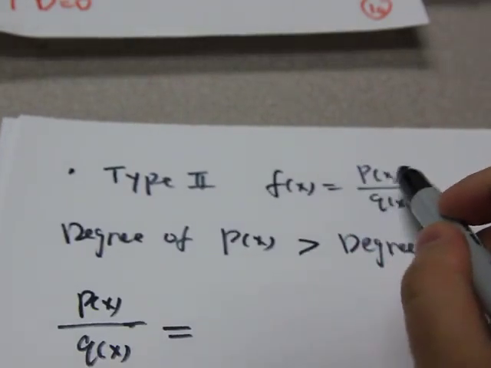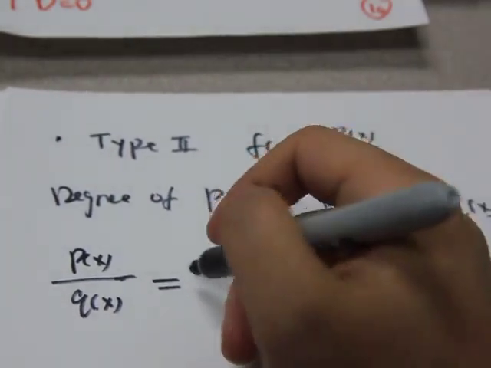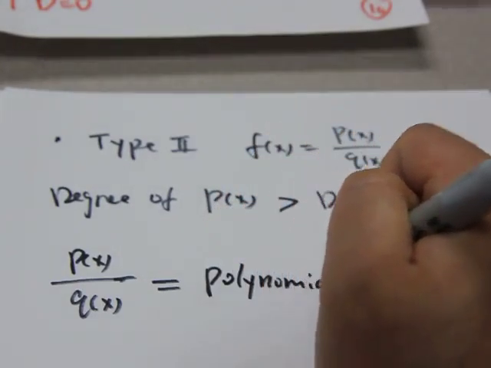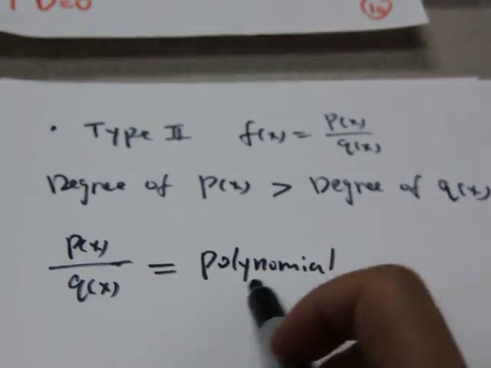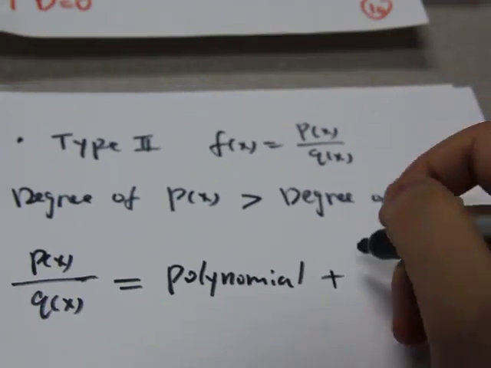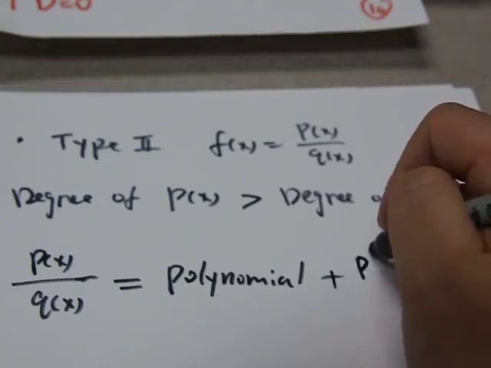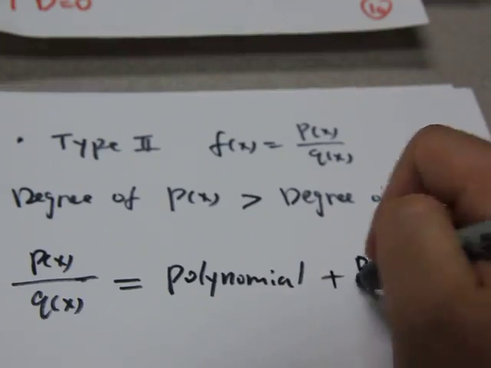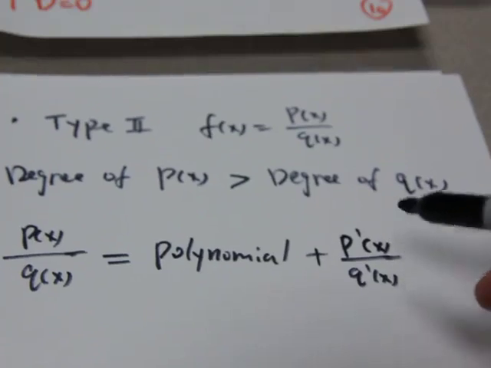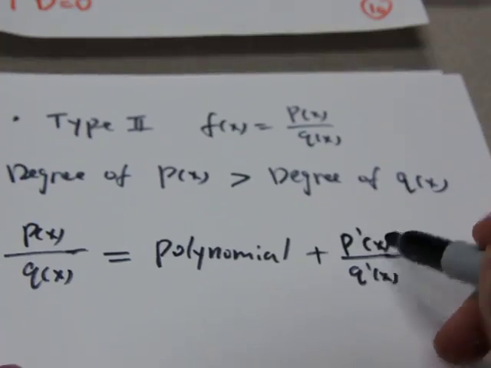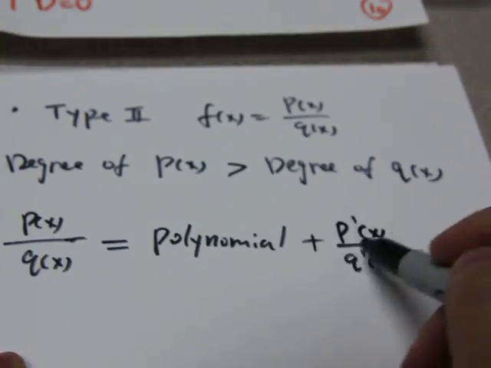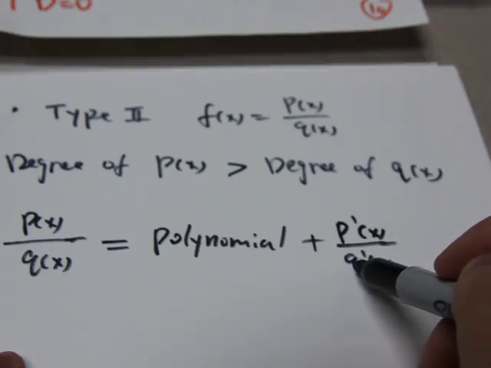So we divide p(x) by q(x). So we can generate a polynomial as the quotient, and the remainder is going to be another rational expression, and we use partial fractions to write this rational expression.